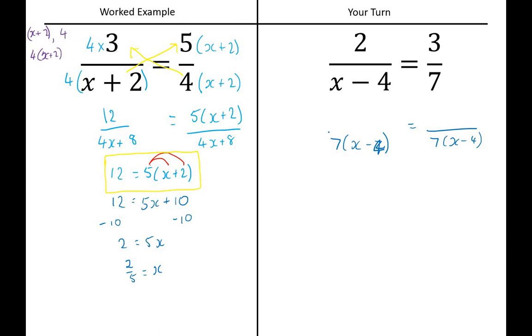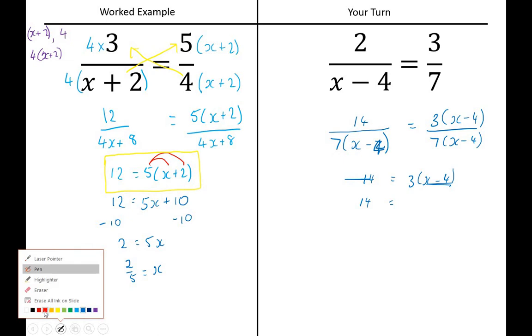On the left, we've multiplied by 7, so we do 2 times 7 is 14 on the numerator. On the right denominator, we multiplied by x minus 4, so we do the same to the numerator. Okay, and because the denominators match, that means the numerators have to match. Okay, so we've got 14 is equal to, and then we want to expand those brackets out.